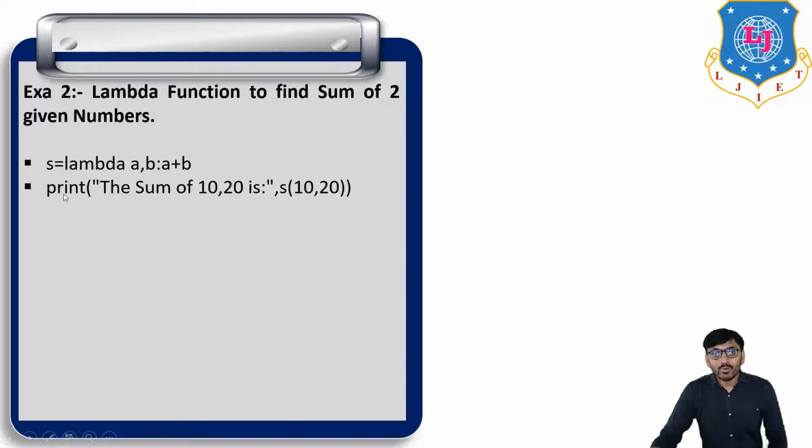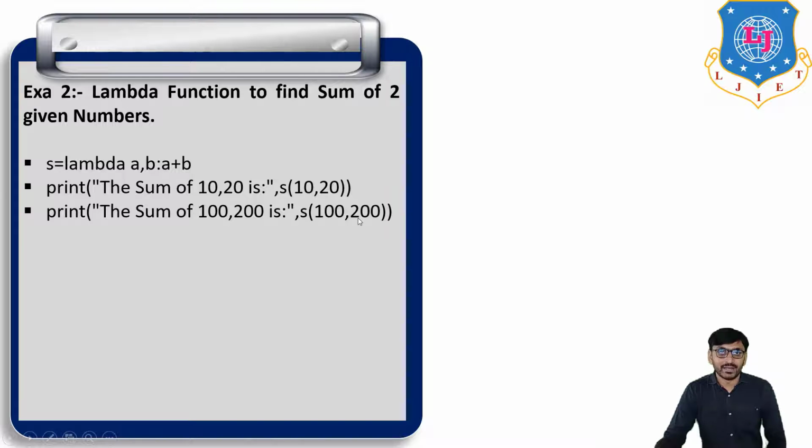Now print the sum of 10 and 20 is s in the parenthesis 10 and 20, because there are two arguments. And second, print the sum of 100 and 200 is s in the parenthesis 100 and 200.